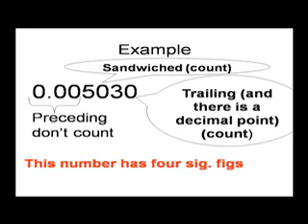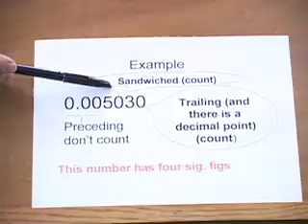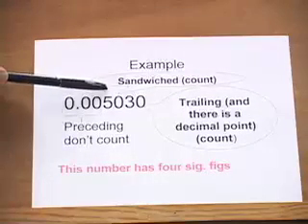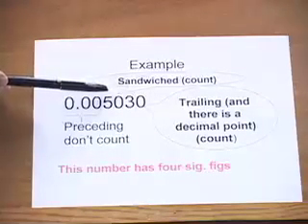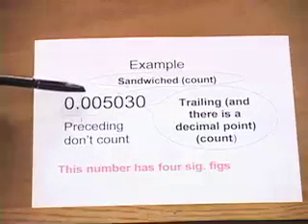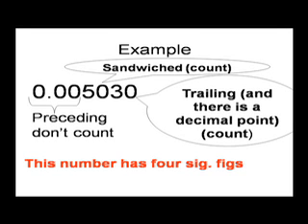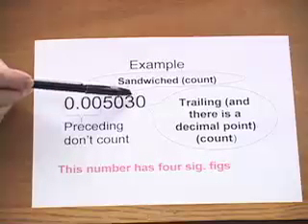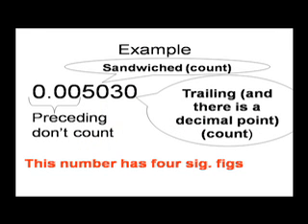They're just placeholders. They don't count. In the middle here, we have a sandwich zero, sandwiched between 2 other numbers. That definitely counts. And we have a trailing zero and a decimal point, so that also counts. So if we were to say the number of significant figures in here, we don't count these, 1, 2, 3, 4. This number has 4 significant figures.